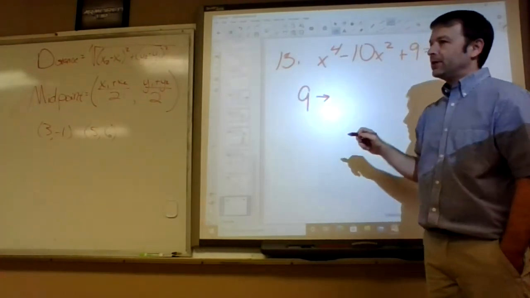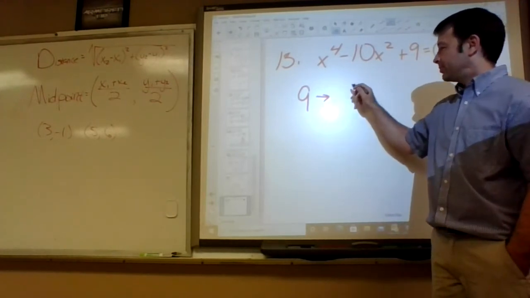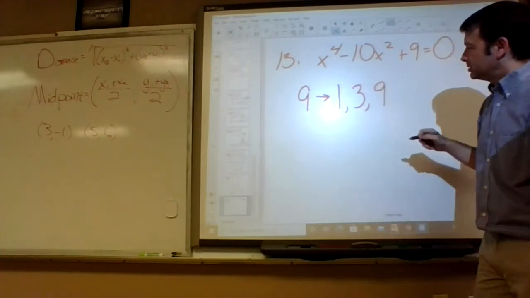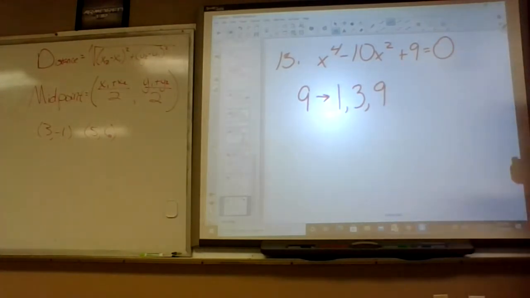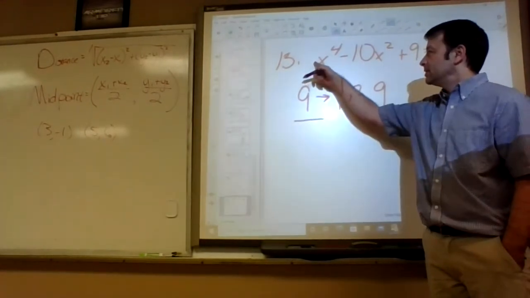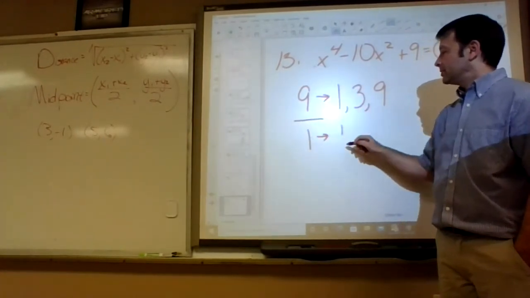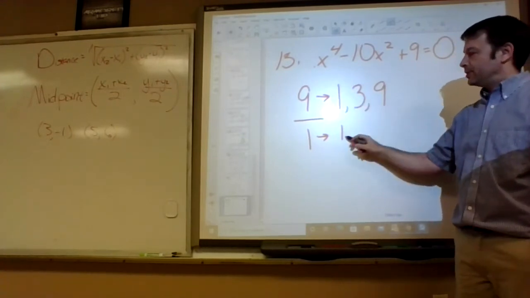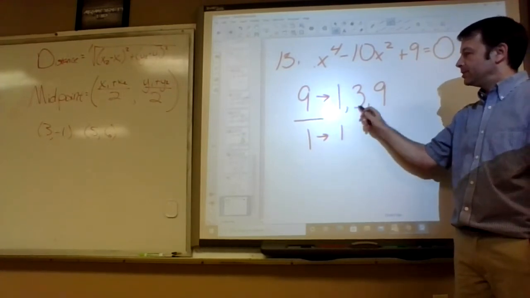What are the factors of 9? 1 and 9, 3 and 3: 1 times 9, 3 times 3. So those are the possibles on top. And the factors of 1 are 1. So it's either 1 over 1, 3 over 1, or 9 over 1. In other words, it's either 1, 3, or 9.